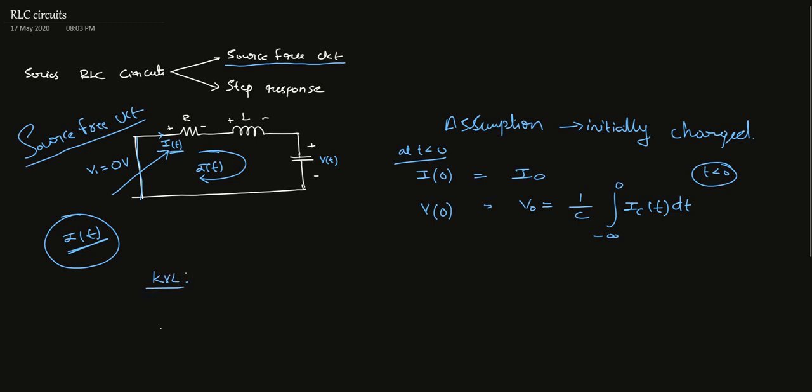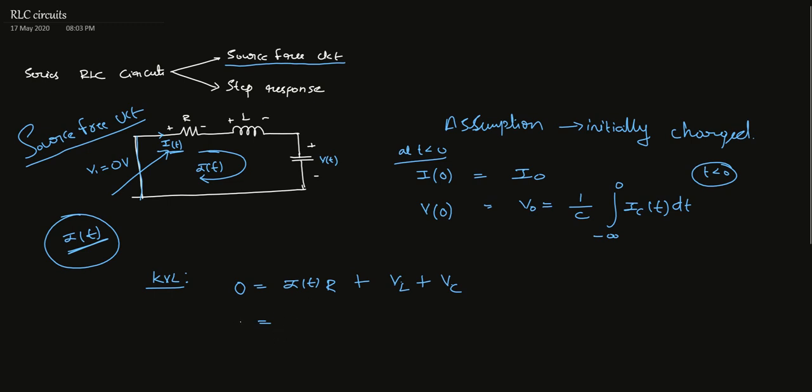Observe carefully here. The input voltage is 0, and that is equal to the current I of t times R, plus the voltage across the inductor, VL, plus the voltage across the capacitor, VC. Let us write the voltages of the inductor and the capacitor in terms of the current, because our main motto is to find the current.